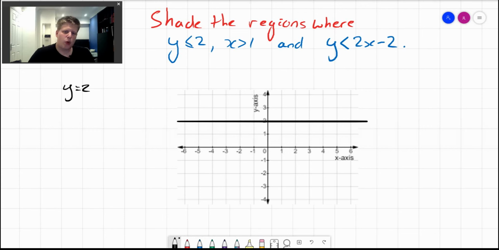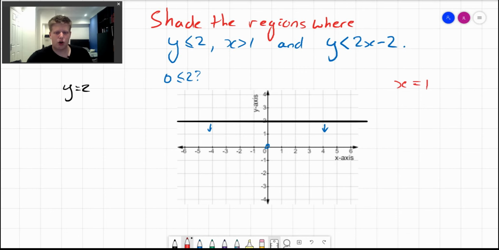Now have a look, y is less than or equal to 2, so let's use our origin as our indicator. Is 0 less than or equal to 2? Yes, it is, which means that this is within our region, so we're looking at this region down over here. Let's move on to the next line. We're looking at x is greater than 1.